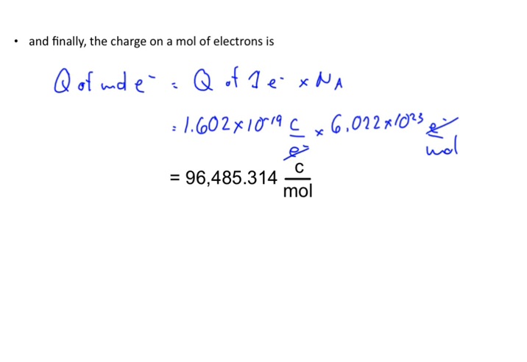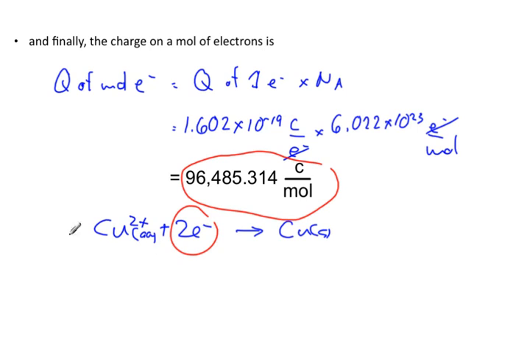So if we go back to our equation, Cu2+ plus 2 electrons yields Cu solid. Here's a link. Moles of electrons, 2 of them, and there's the charge on 1 mole of electrons. And so that allows us to convert from a charge or a current to a mass.